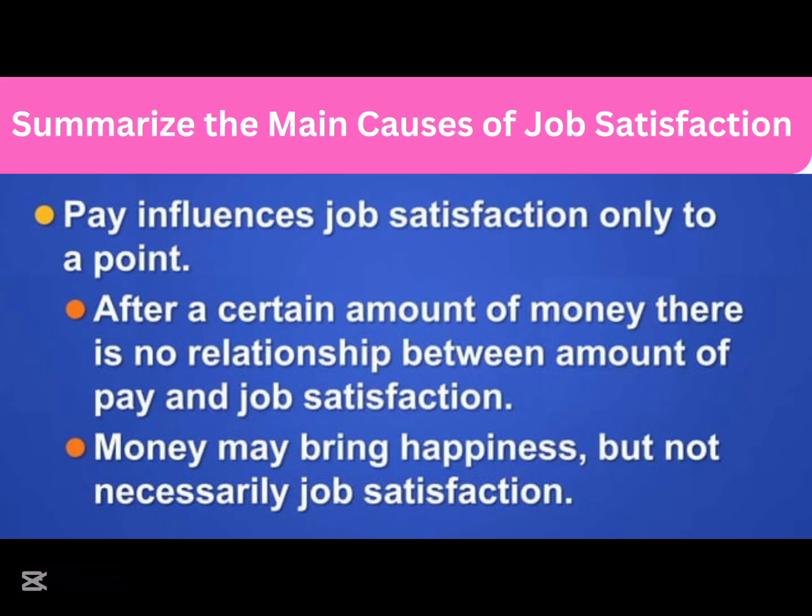Summarize the main causes of job satisfaction. Pay influences job satisfaction only to a point. After a certain amount of money, there is no relationship between amount of pay and job satisfaction. Money may bring happiness, but not necessarily job satisfaction.